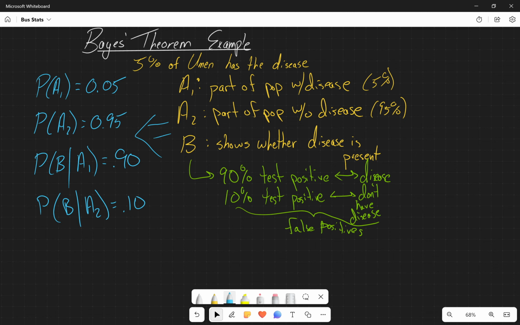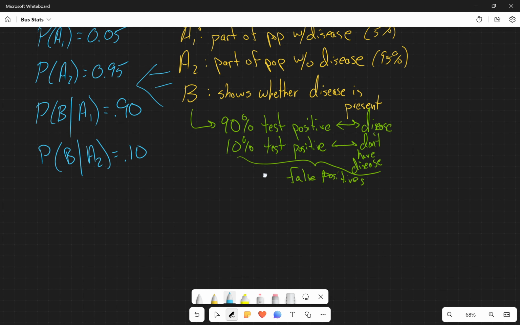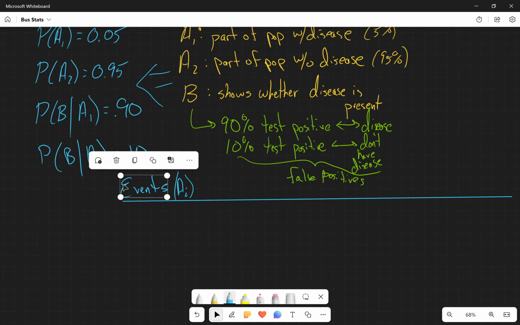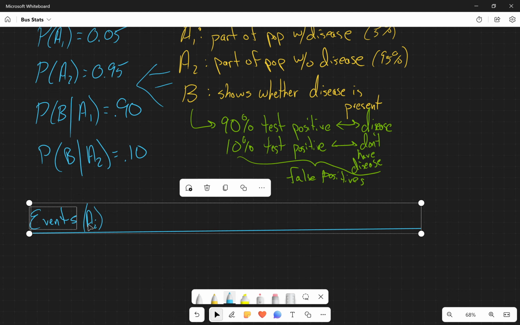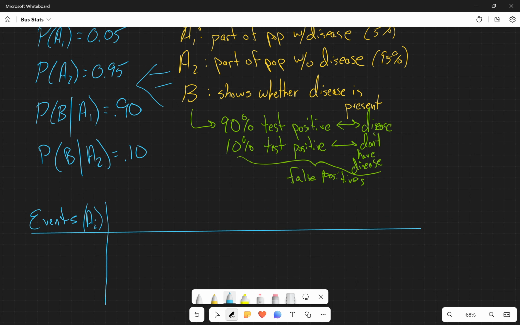Okay, let's put all of this in a chart. So if we have a chart here where we have the events, and then we have the prior probability, also known as the P of AI.